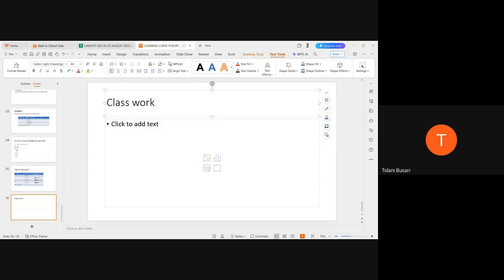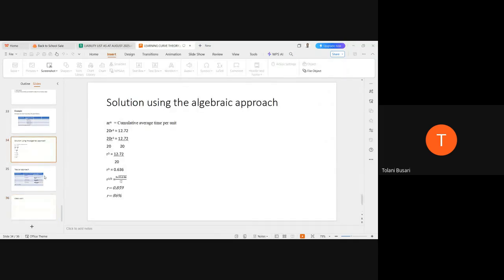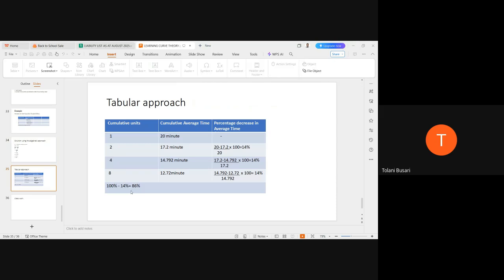After arriving at 86%, is it necessary to show the workings to determine 14% again, or do we just subtract 86 from 100 to arrive at 14? No, what we are trying to derive is 86%, ma'am. The rate of learning is 86%.